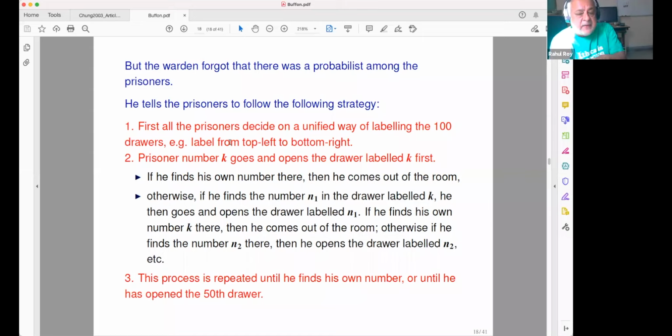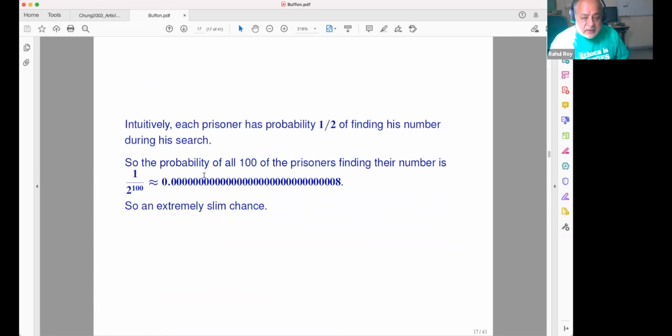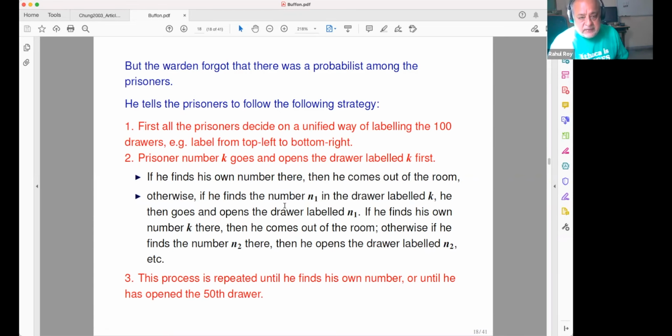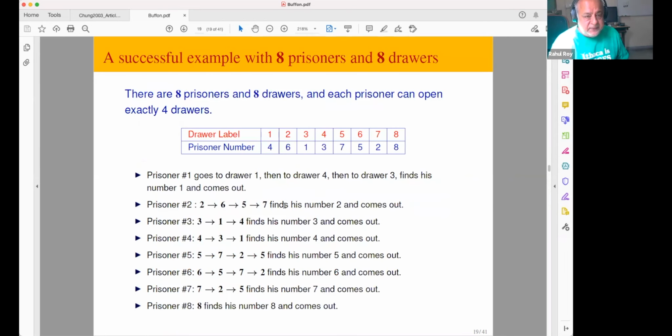If the number there is N1, he goes and opens the drawer labeled N1 and continues in this fashion. As you may guess, this strategy should increase the probability from what it was earlier, namely this extremely small thing. But why? So let us see.